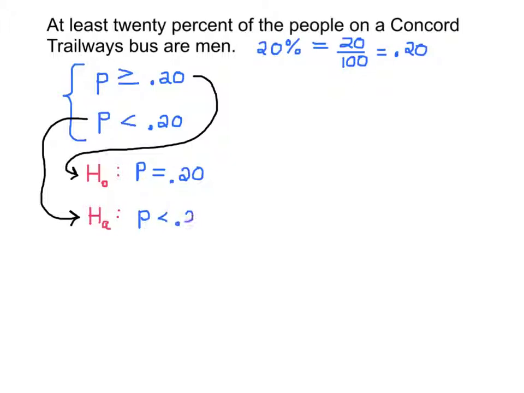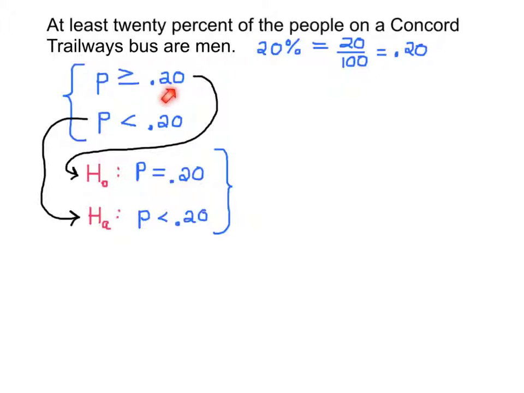So this was just to give you an idea of how we set up which one is the null hypothesis and which is the alternative hypothesis. Again, we start with finding a statement that matches what we've declared up here, that at least 20% of the people on a Concord Trailways bus are men, and that's what this is, greater than or equal to 20%.